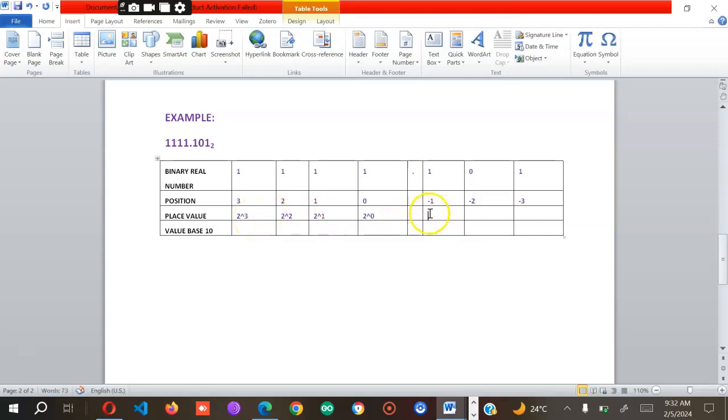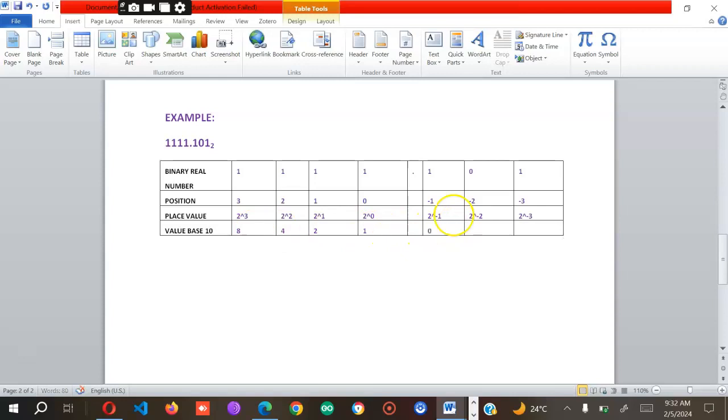On the other side, we have 2 raised to power negative 1, negative 2, and negative 3. These give us 1, 2, 4, and lastly 8.